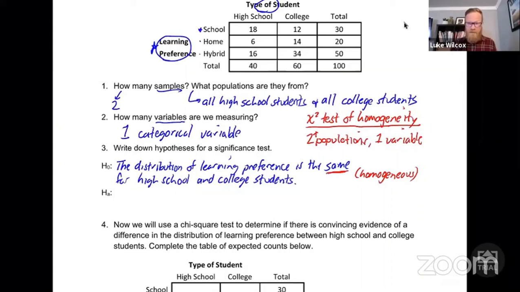Now, the alternative hypothesis is going to say that something is different, right? We don't know whether it's the students that prefer school or home or hybrid, but some of those proportions are going to be different between these two populations.